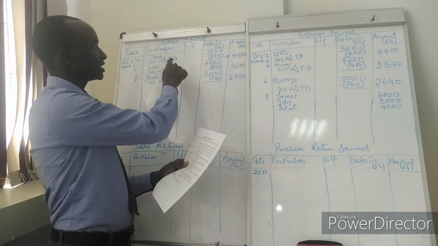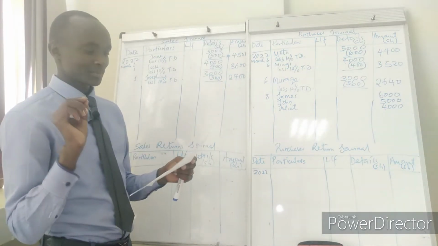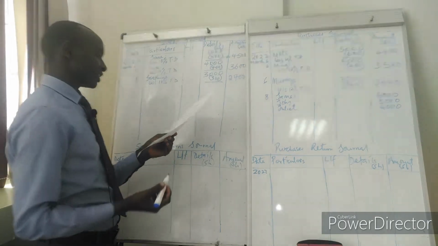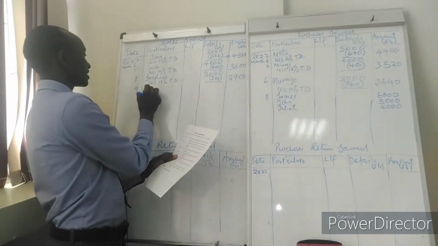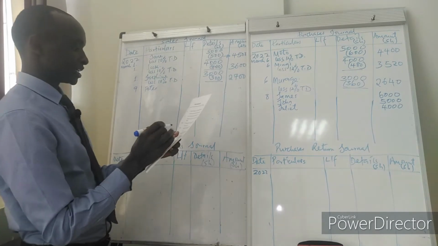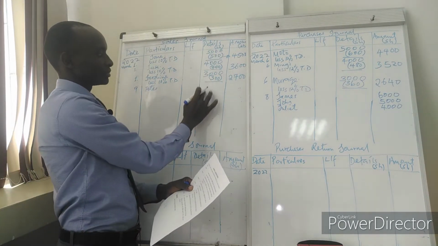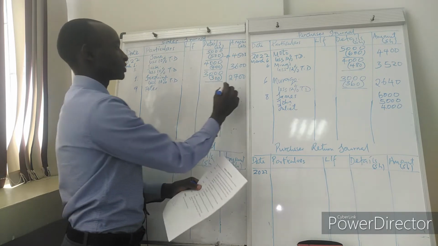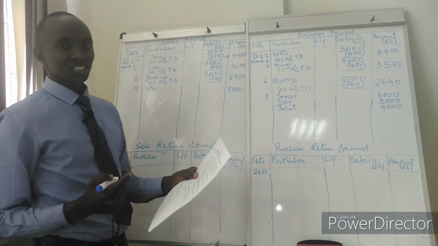And I told you a sales journal records credit sales alone. So you're going to say Peter 8,000, that is March 9th, but not on the details column because there is no adjustment for discount. So you write the 8,000 on the amount column.